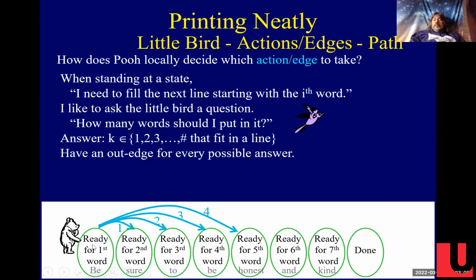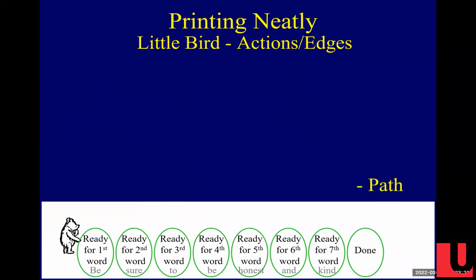Everybody see that these are the options? And if he puts 4 words on, then where does he move? He moves over to ready. I'm now ready to put the 5th word on a new line. Does that make sense?